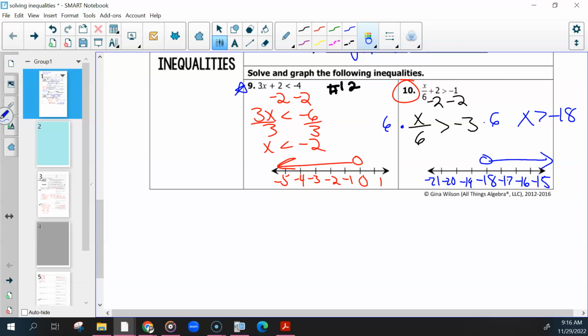And then our interval notation, where does this start? It's open, so that's a parenthesis. Where does this end? Infinity, that's also a parenthesis. Questions on that one?